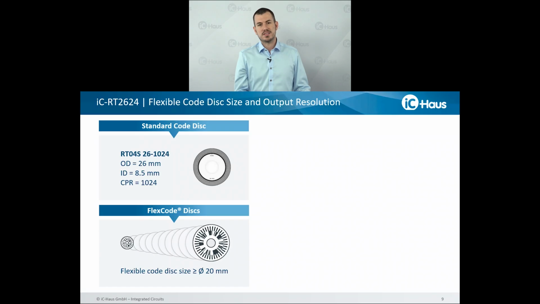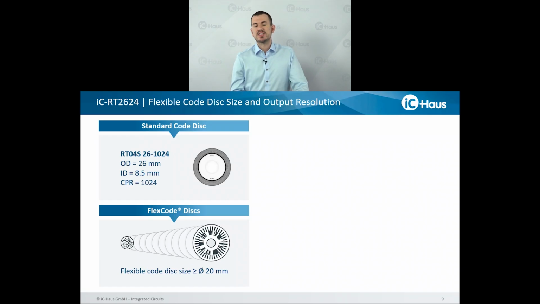The sensor features FlexCode. So from 20 millimeter outer diameter to almost any diameter that is required for the application, there can be a code disk design according to the needs of your installation space. So if you, for example, require a 39 or a 50 millimeter code disk, please reach out to us with your desired requirements, and we can talk outer diameter, inner diameter, and some idea where the chip should sit on the PCB.